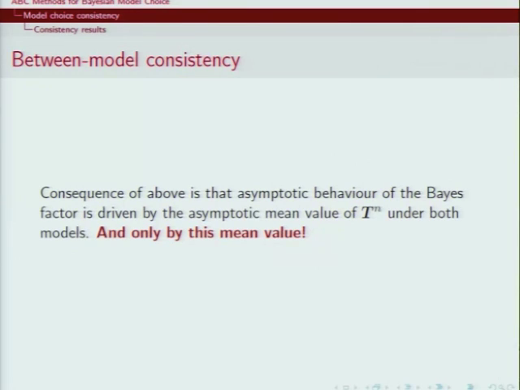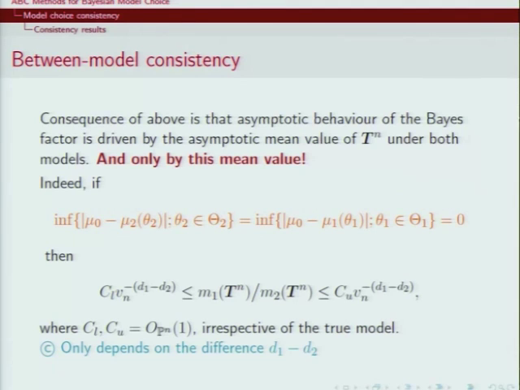Namely, if the mean value of Tn is eventually within the range of the mu I of theta i's, there is no way that the procedure will pick that it is not the right model.